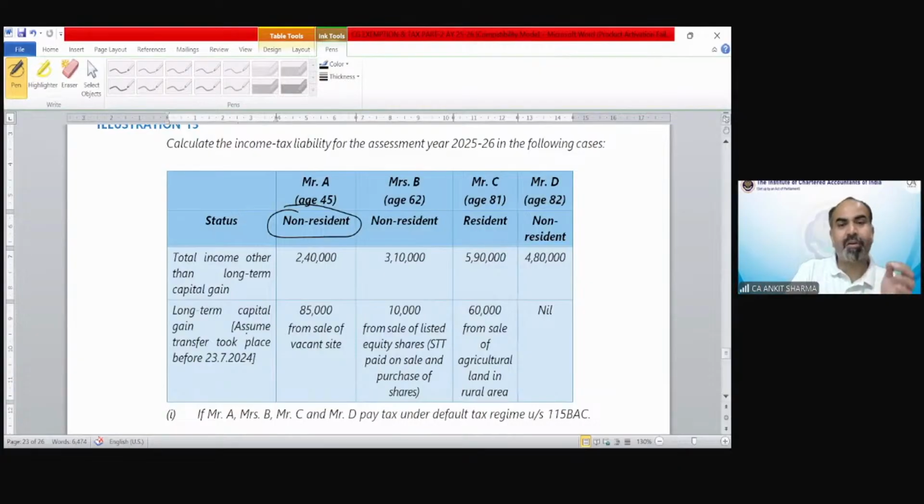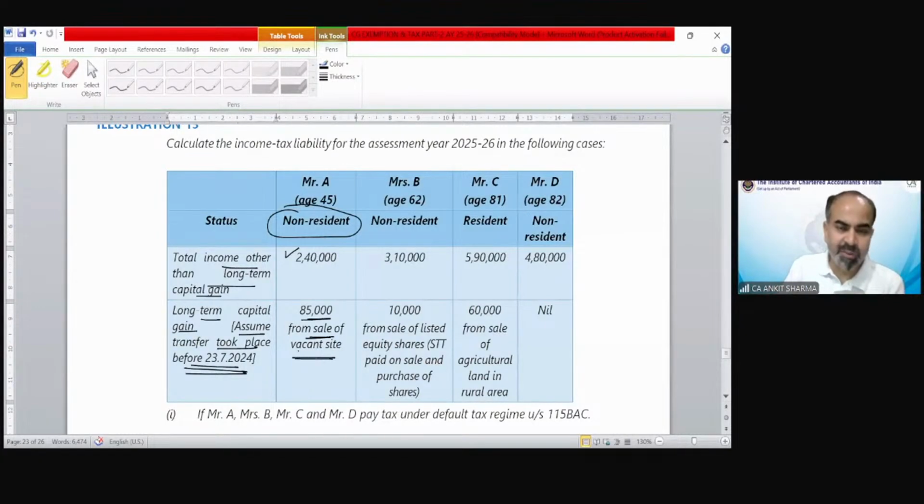We have to calculate the tax as per both regimes, under default tax regime as well as under optional tax regime. Total income other than long-term capital gain is 2,40,000, and long-term capital gain, assume transfer took place before 23rd of July, is 85,000 from sale of vacant site.